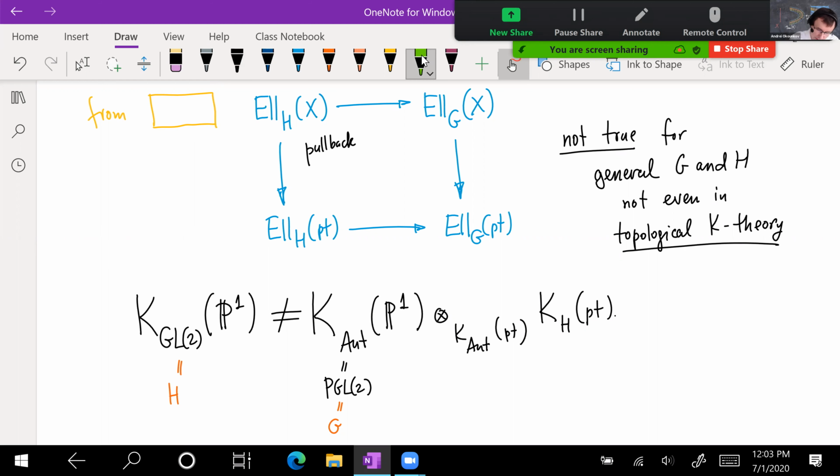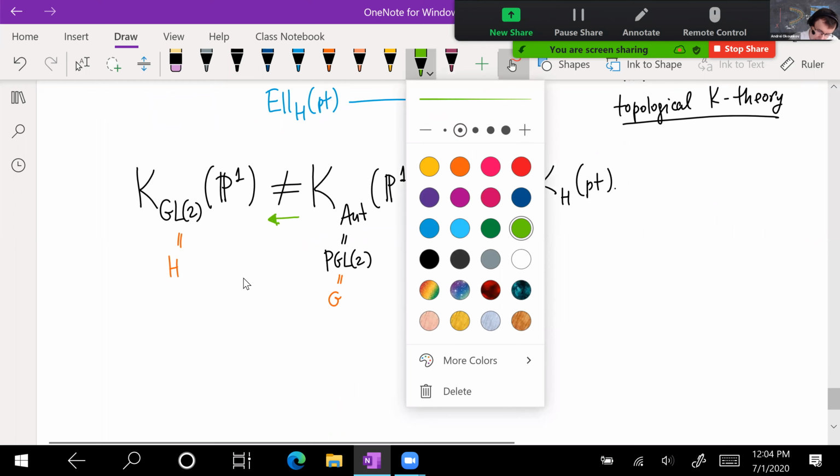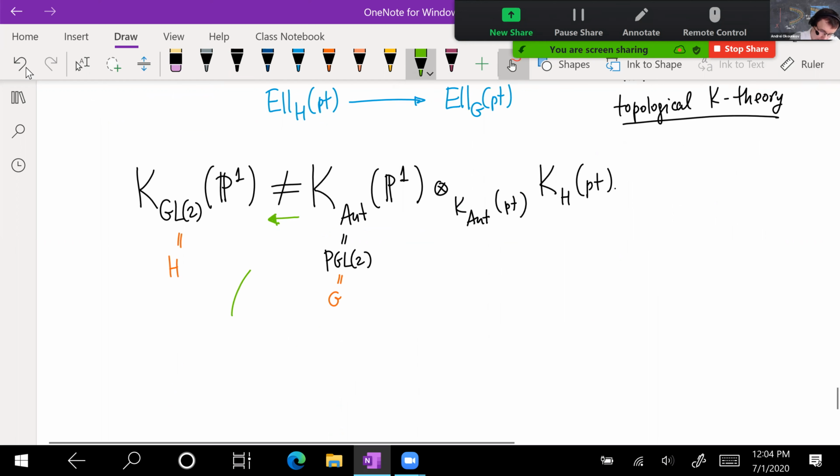So there is a map. There's a map this way, but it's not surjective. No, sorry, the map the other way. I'm sorry. This map this way.